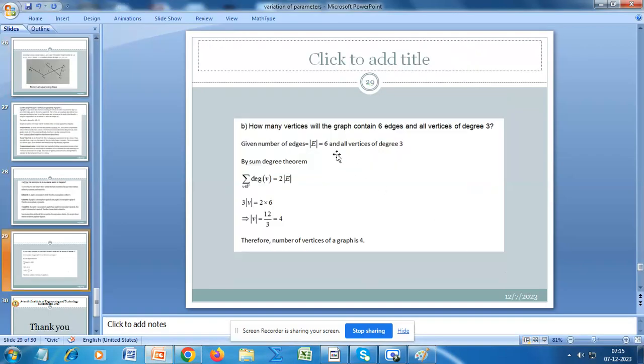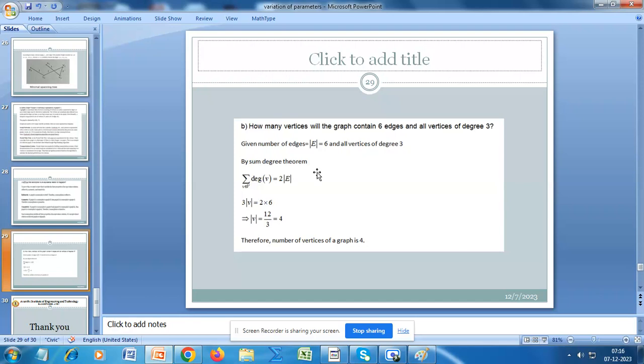Next one is, how many vertices will the graph contain with 6 edges and all vertices of degree 3? Given that the number of edges is 6, but we don't know the number of vertices, but we know the degree of each vertex is 3.